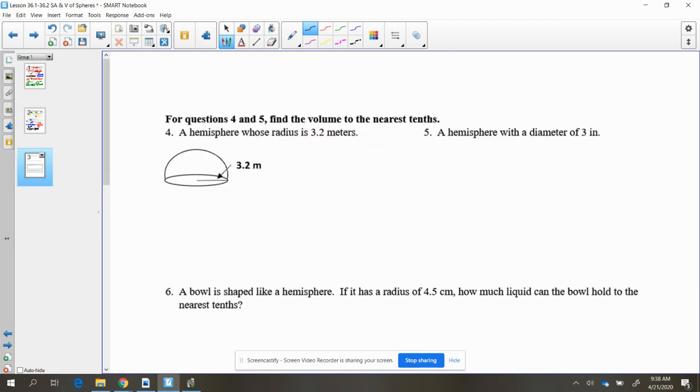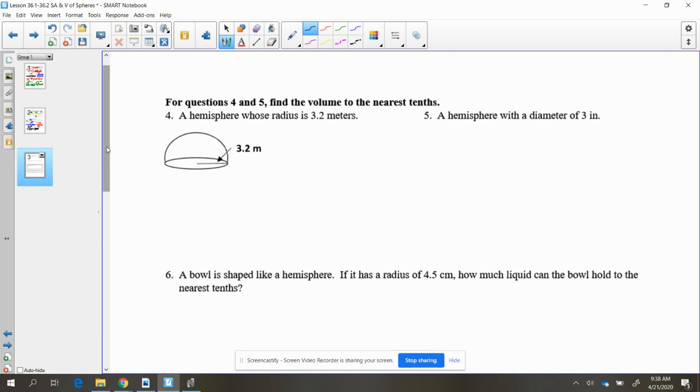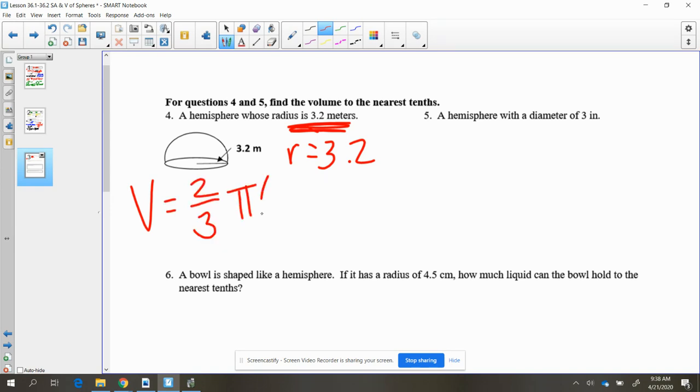Okay. Now, last but not least, a couple things here with the hemispheres when we talk about volume. Again, we have the radius, and that's important because that's what we need to calculate this volume. But this time we're just taking 2/3 times pi times our radius cubed.